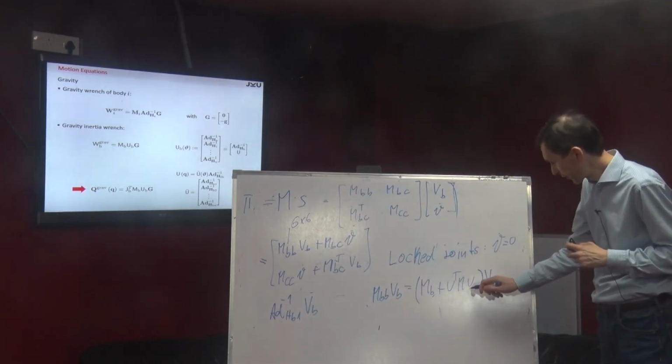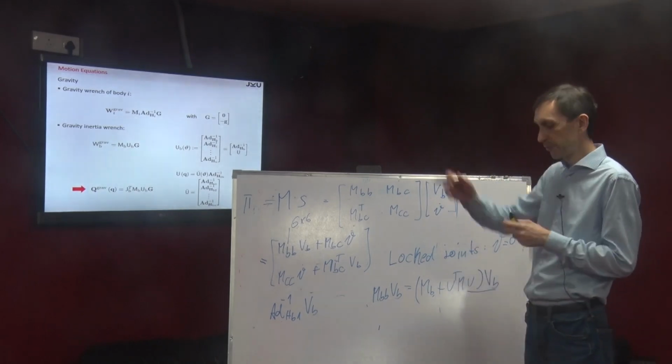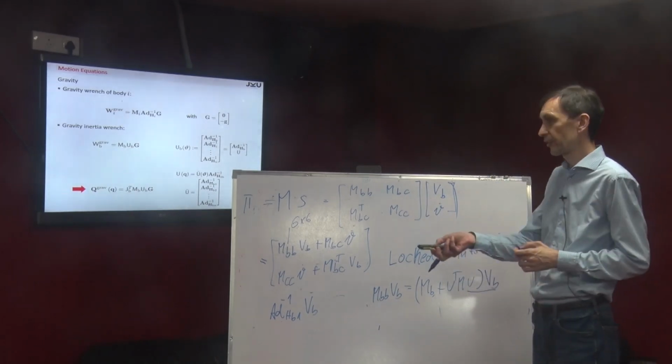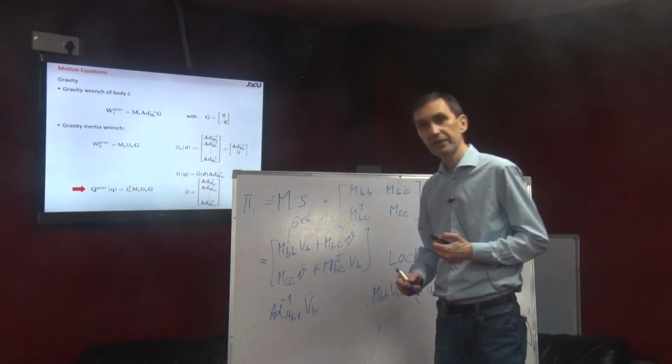I'm just looking at this term, U times VB. For the first component of U, you get this guy. What is it?